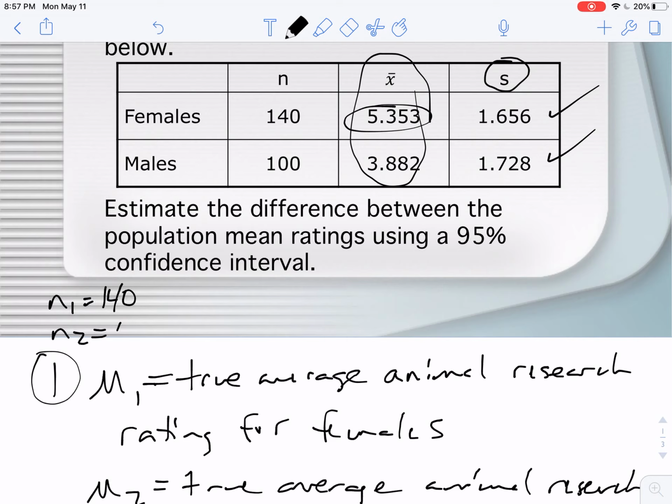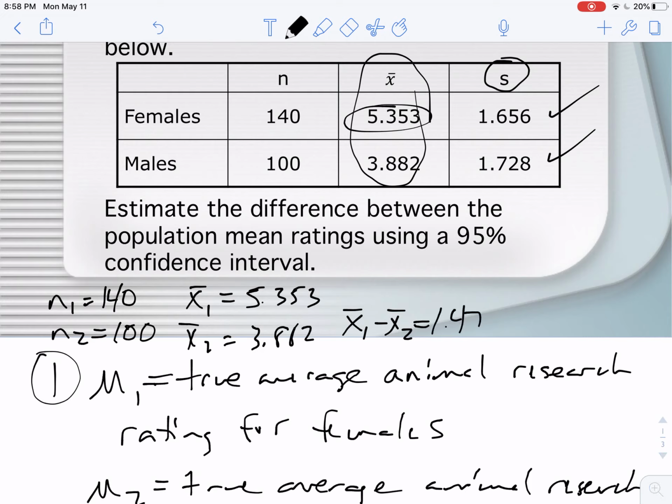The 100 is N2. X bar 1 is 5.353, and X bar 2 is 3.882. If I subtract those two, that would give me a difference of 1.471. Okay, so that's what it was for these two samples.